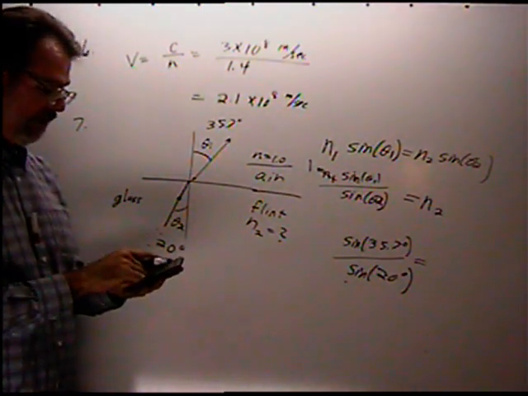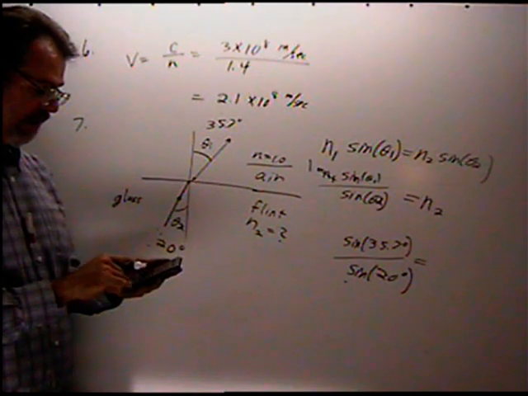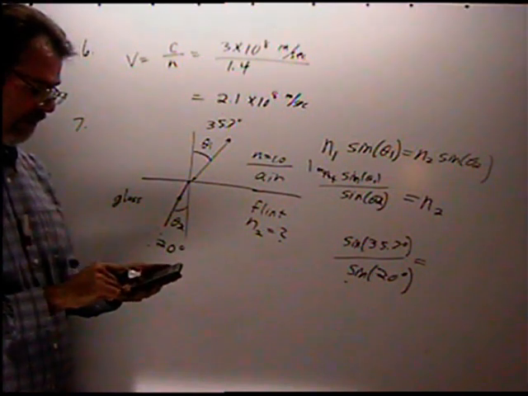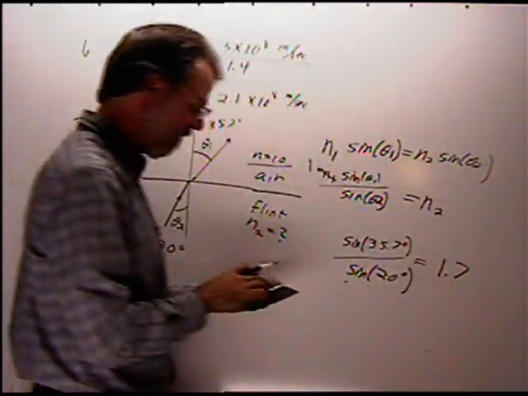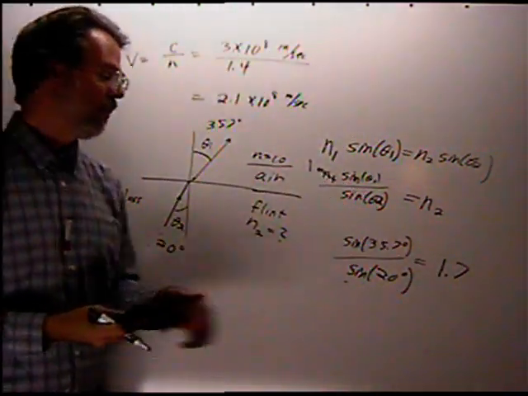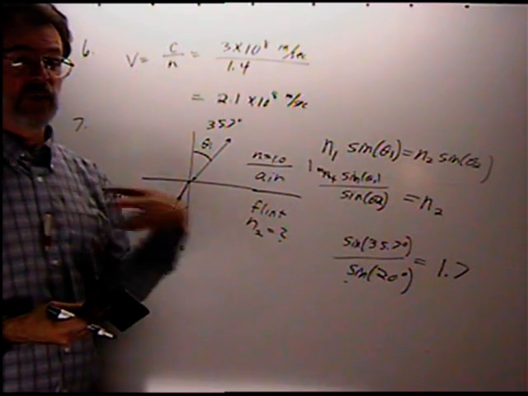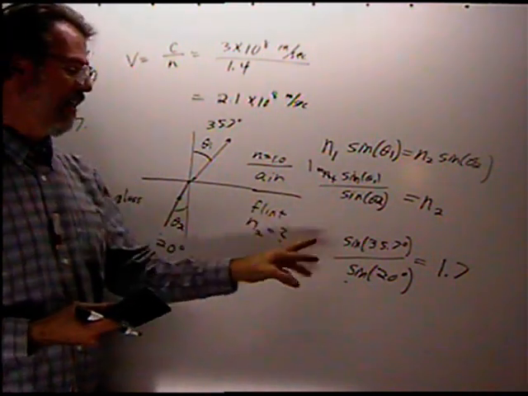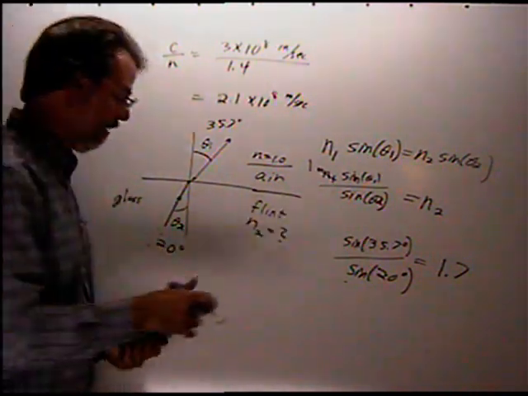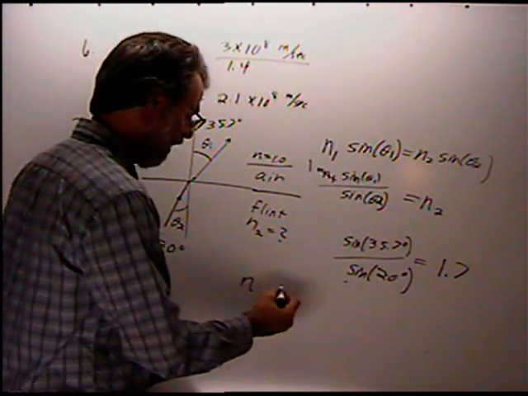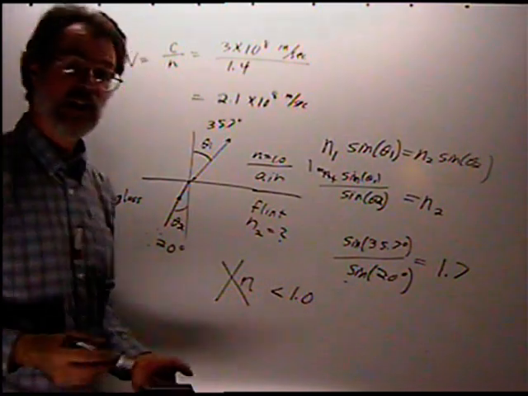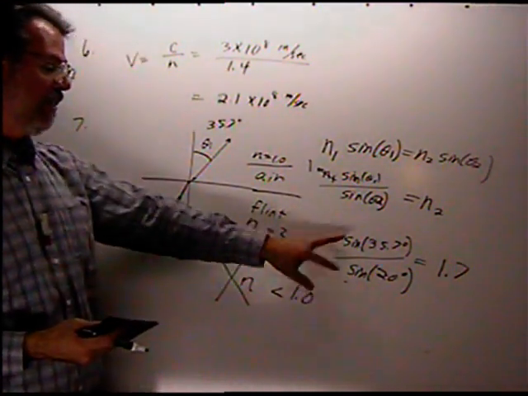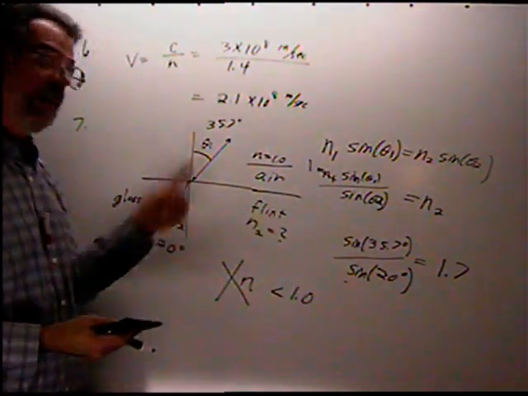So it's sine of 35.7 divided by sine of 20, and I get 1.7. If you get it reversed, you'll get a number that's less than 1, which is what I was getting. If you get an index of refraction that's less than 1, you know you made an error, and you probably got the angles mixed up, like I just did here.